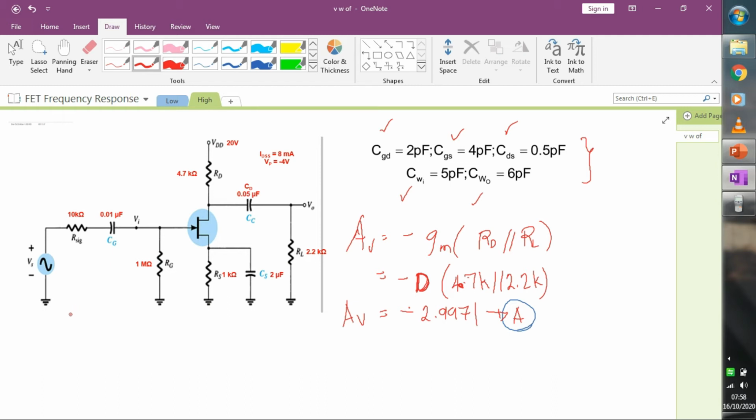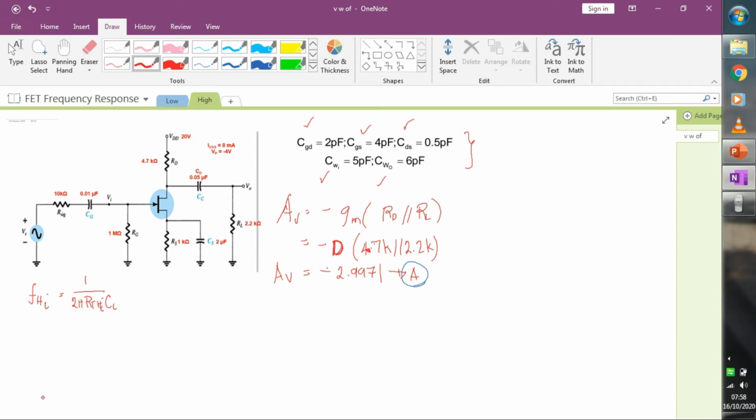Okay. So, the first thing that we should compute is the input network frequency cutoff. Okay, so that's the FHI and equal to 1 over 2 pi RTHI CI. Okay, so the value of your RTHI is just the parallel combination of your signal resistance and gate resistance.